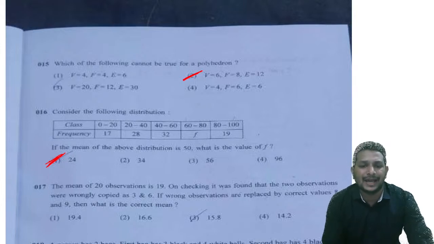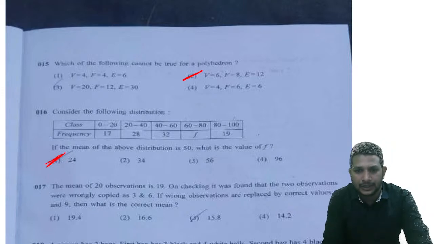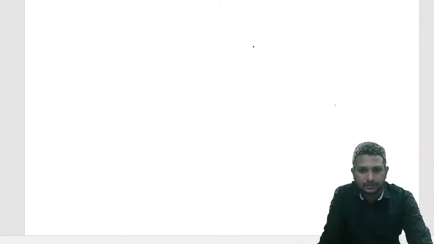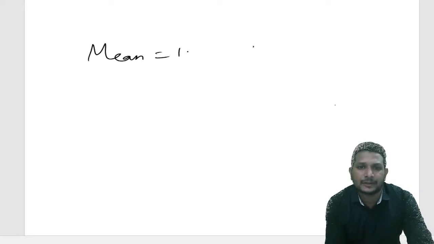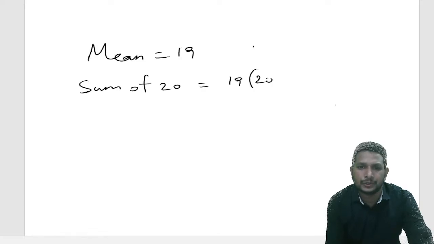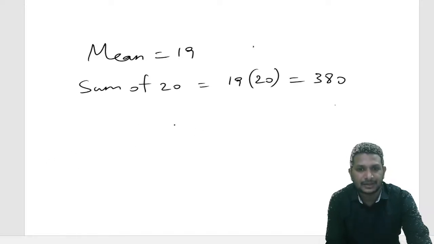So let's see that in the document. They gave the mean value as 19. So the sum of 20 observations equals 19 times 20, which is 380. So as we know, the sum of the 20 observations is 380.